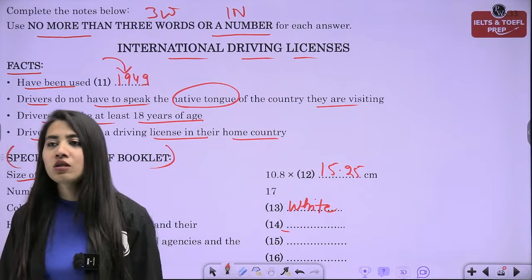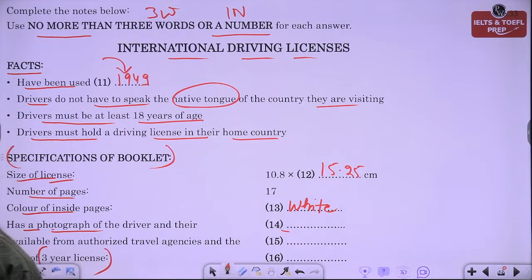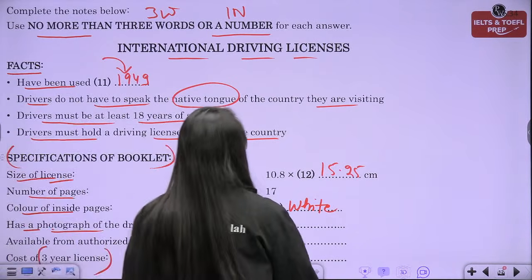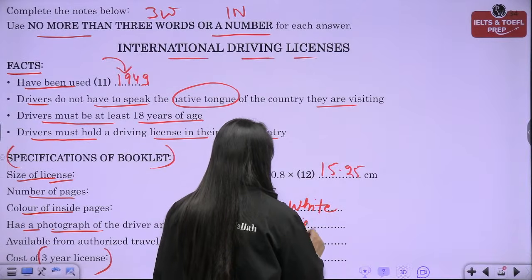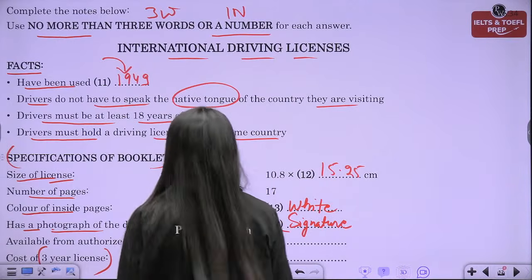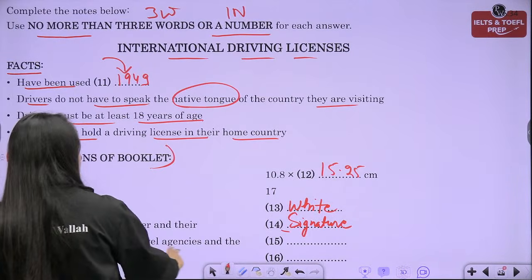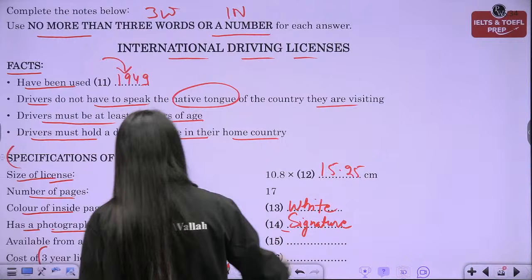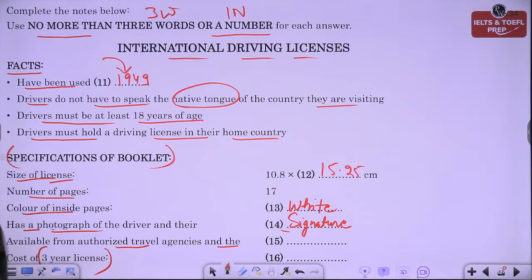Why am I not able to see your answers? You missed it? It's okay, no problem. So it will be their signature. That's what they mention. Next, available from authorized travel agencies and the what? And the what? For this one. Yes, signature. Good job, Bhavya. What about the last one?